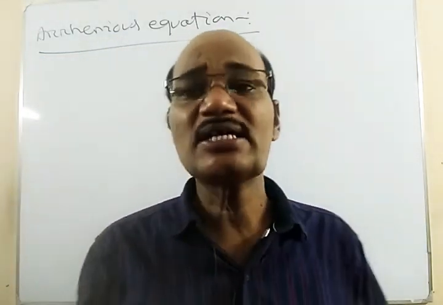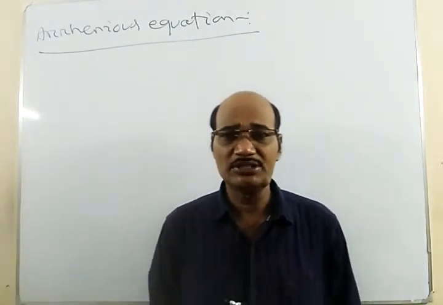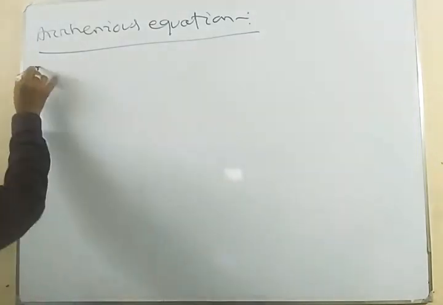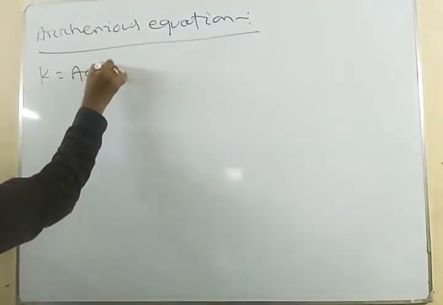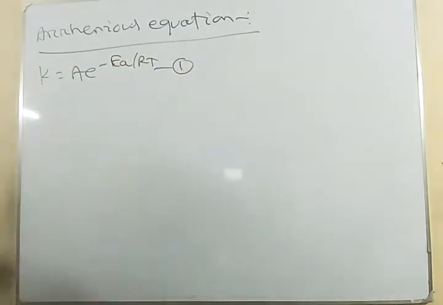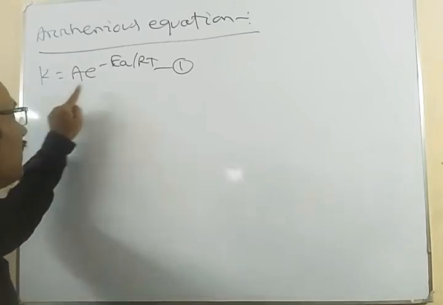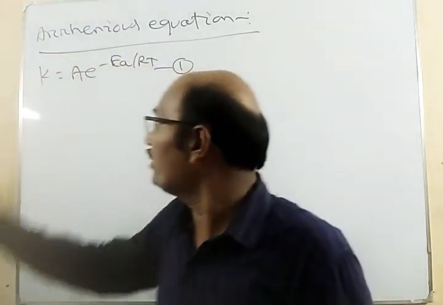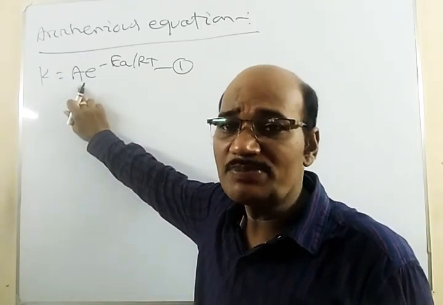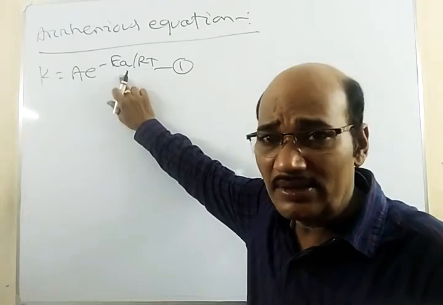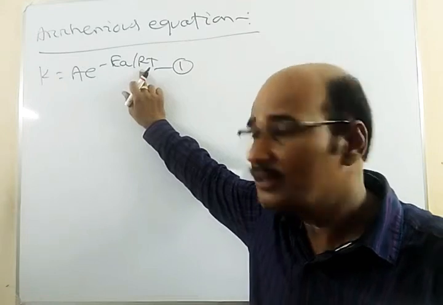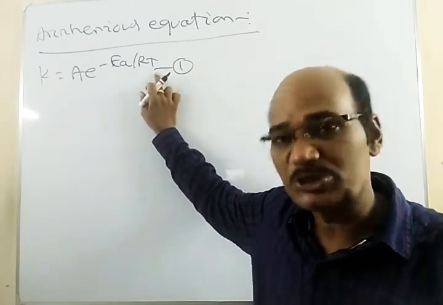So now the dependence of the rate constant on temperature is given by an equation called the Arrhenius equation, which is given by K equal to A e power minus EA by RT, where K is the rate constant, A is the frequency factor or pre-exponential parameter, EA is the activation energy, R is the universal gas constant, and T is the absolute temperature.